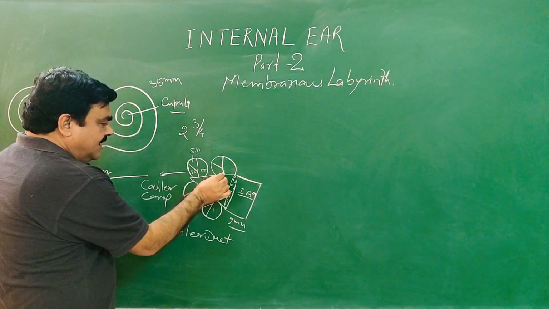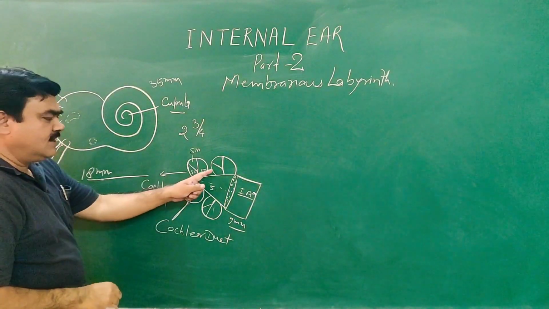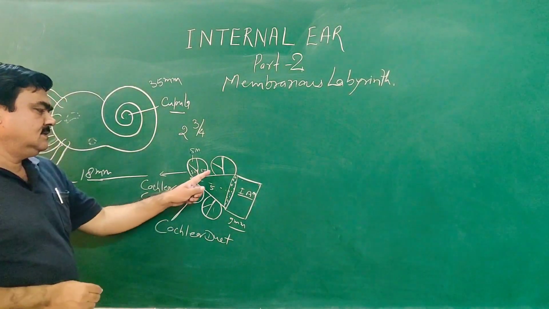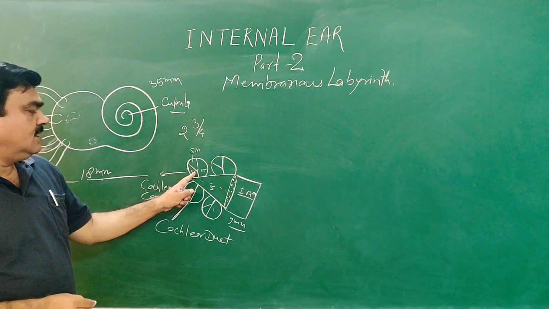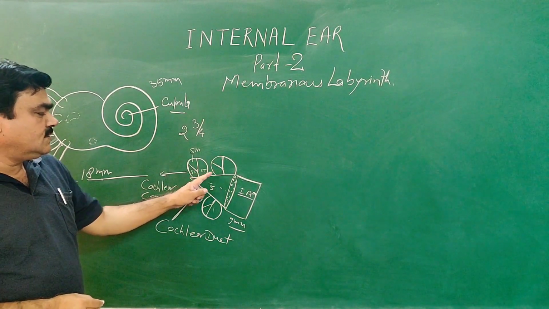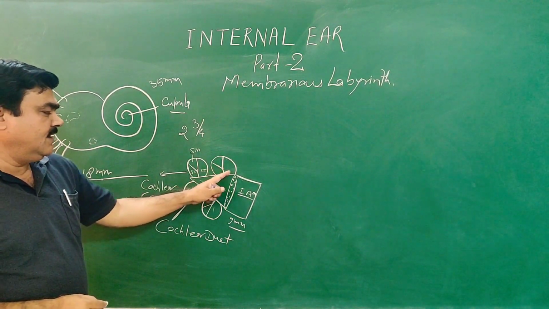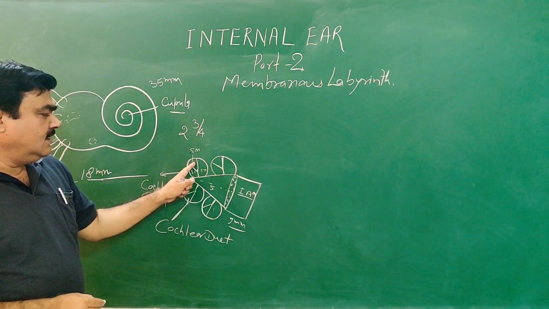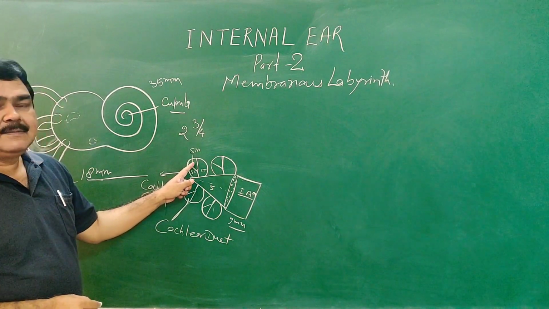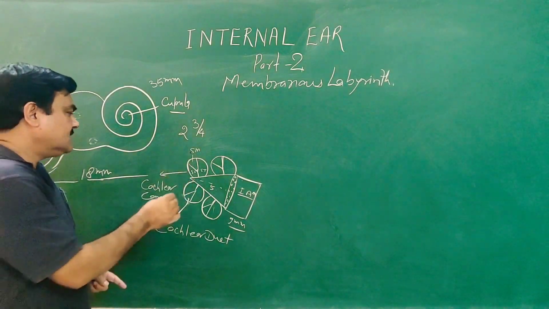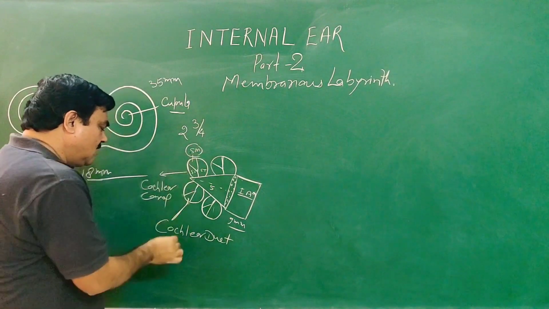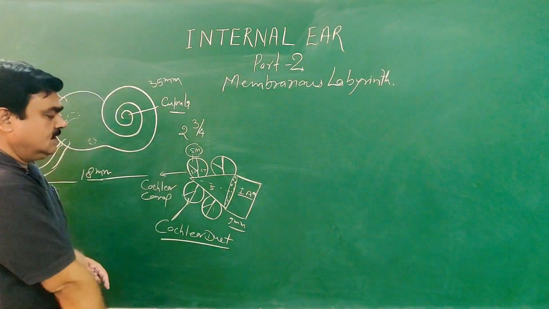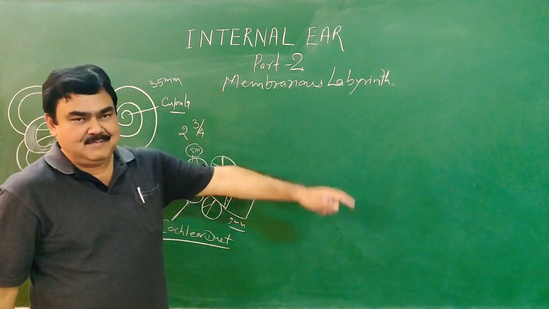And this spiral canal is divided into 3 parts. This part is scala vestibuli towards the apex, towards the base scala tympani, and in between these two is scala media. This scala media is also known as the cochlear duct. It forms the membranous labyrinth.